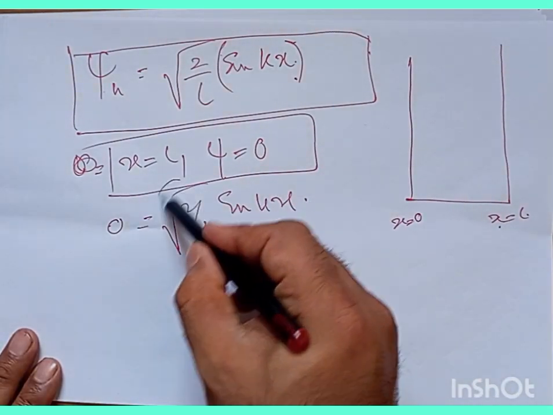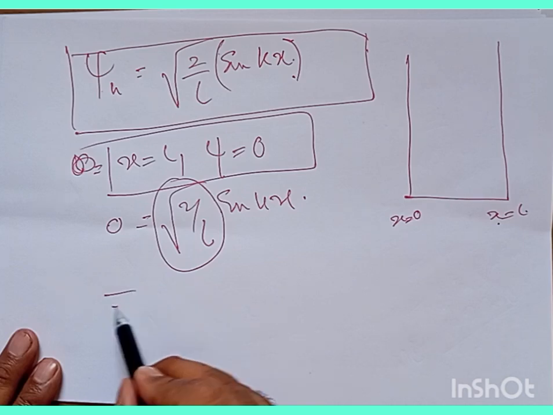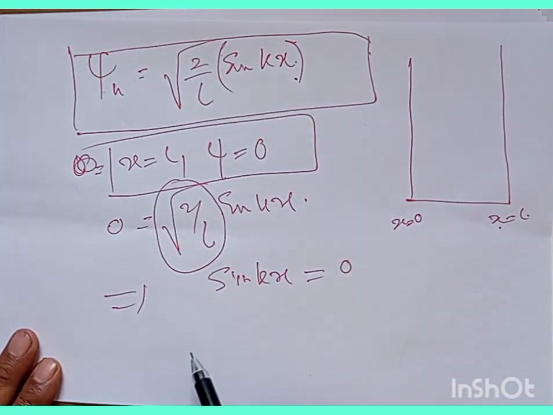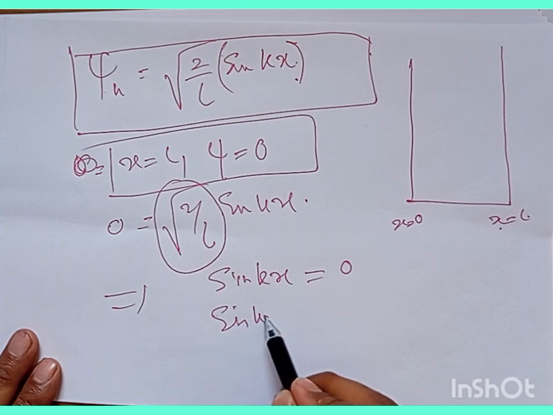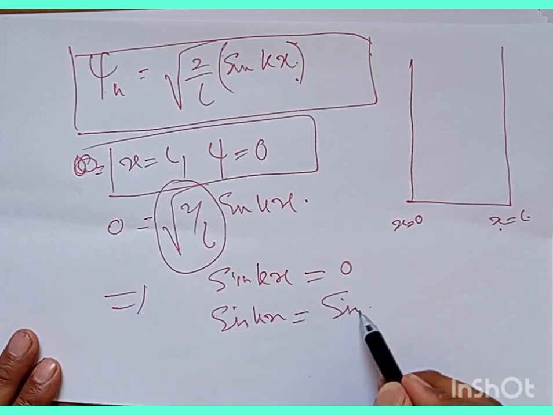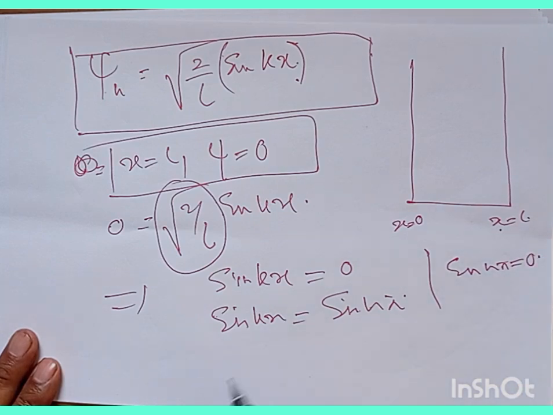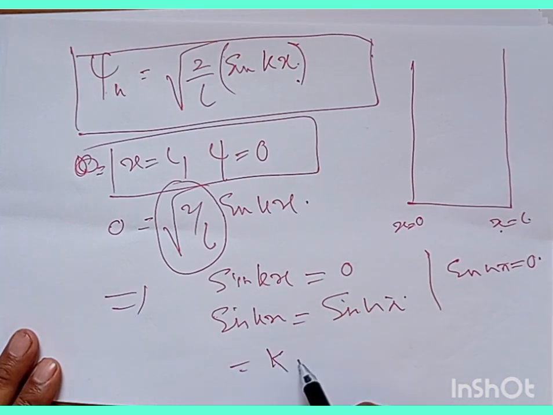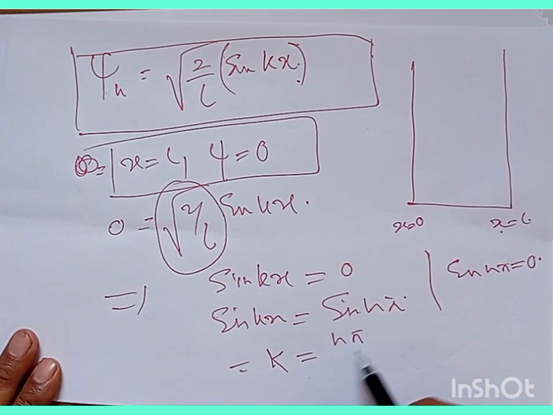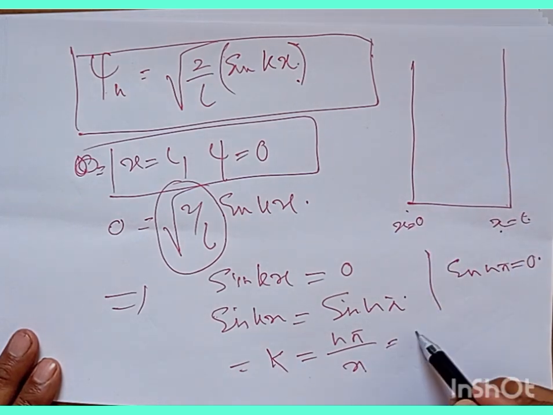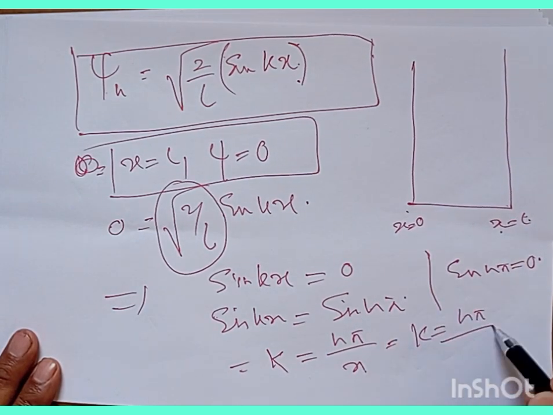And we understand that this 2 by L is not 0, then what is 0 is this sine of kx. So sine of kx is 0, and for sine of kx we can write down sine of n pi, because sine of n pi is equal to 0. So from here we have k equal to n pi by x, but at this limit x is equal to L, so k is n pi by L.